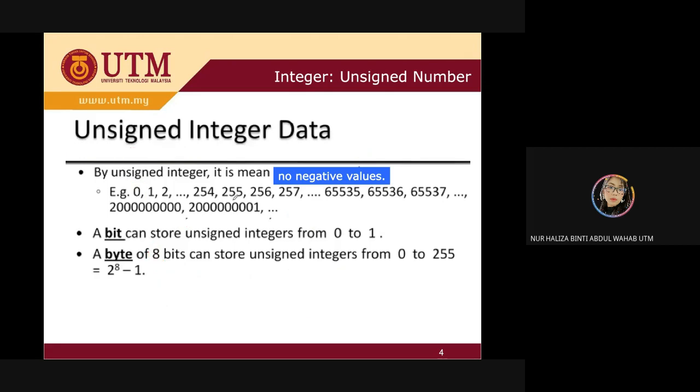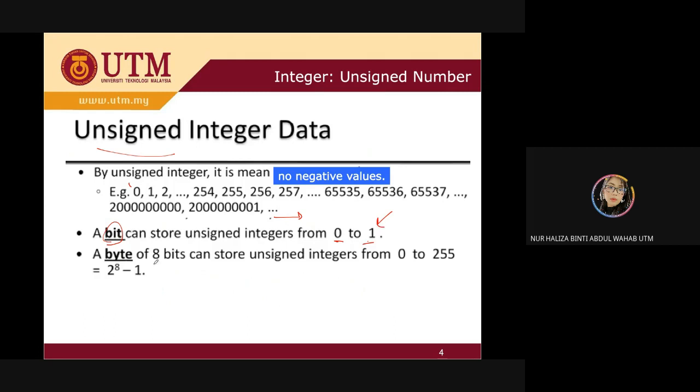Now let's take a look at unsigned integer. You can see there is 0 until infinity, and bits. Yesterday we already looked at bit, byte, nibble, words. A bit can store unsigned integer from 0 to 1. This is when we are applying binary, of course.